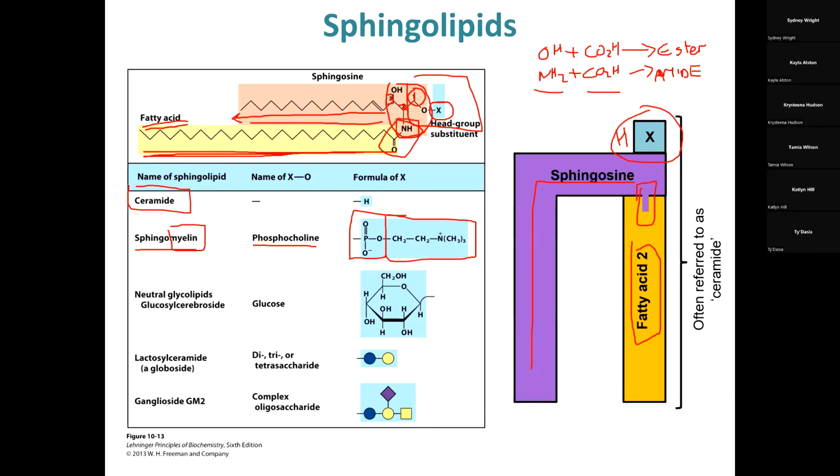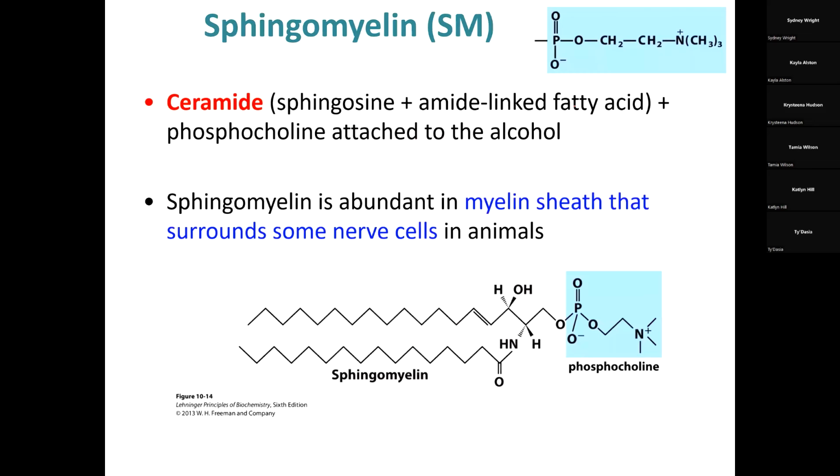Like I was saying, you can also get sugars, drawn as circles, squares, or diamonds to illustrate the complex sugars that make up the X group here. So, like I've already mentioned, ceramide and sphingomyelin, which makes up the myelin sheath that surrounds the nerve cells in animals, and these are their structures.